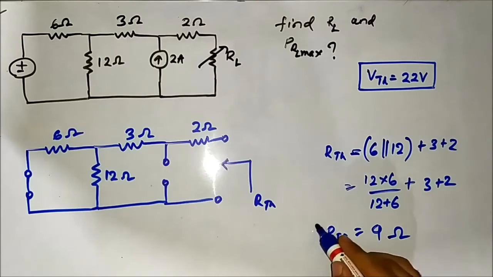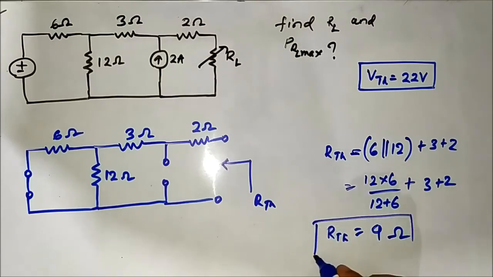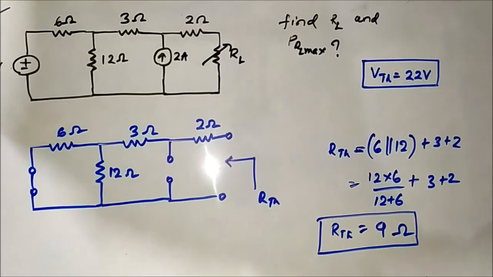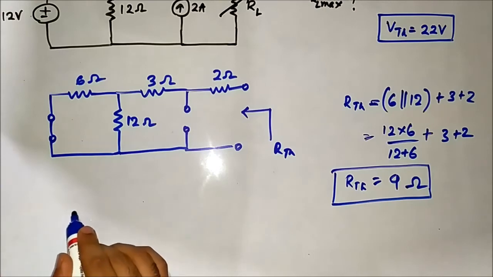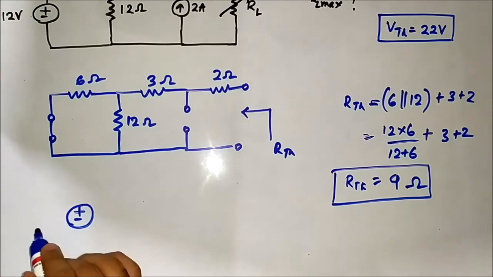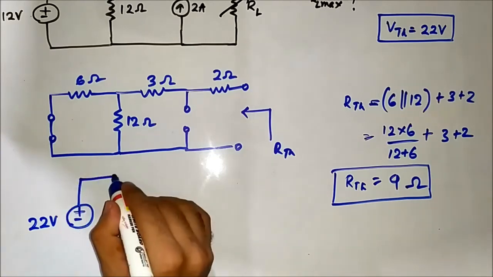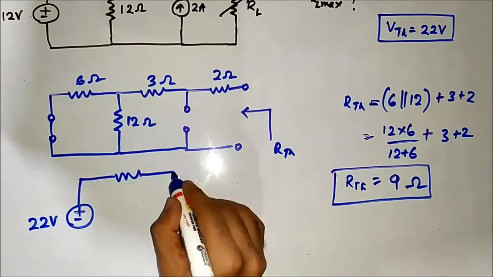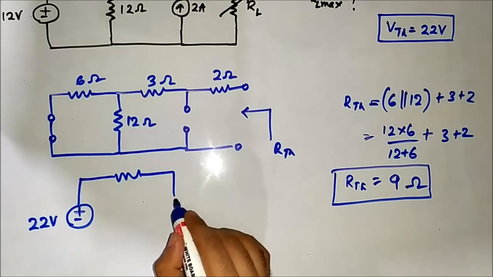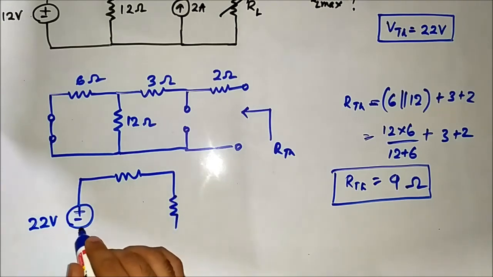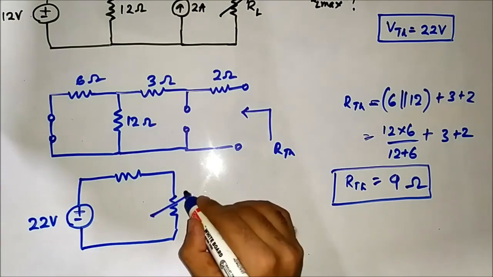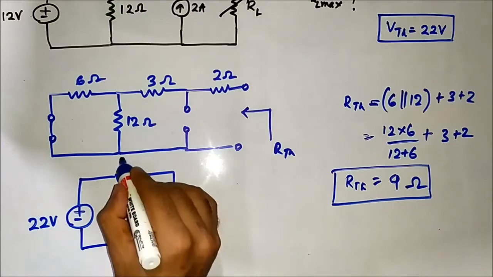So we have got VTH, we have got RTH. Now as per the statement of maximum power transfer theorem, for maximum power to be transferred to the load, the load resistance should be equal to the input resistance, which in this case is the Thevenin resistance, which is equal to 9 ohm.